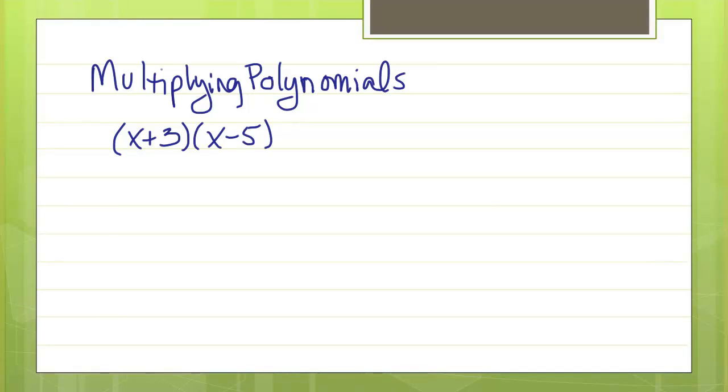Now what about multiplication? Well, we spent a lot of time multiplying polynomials, but we were only doing binomials. So again, if I say to multiply this, we've been doing that to death, but what if I give you a third one?